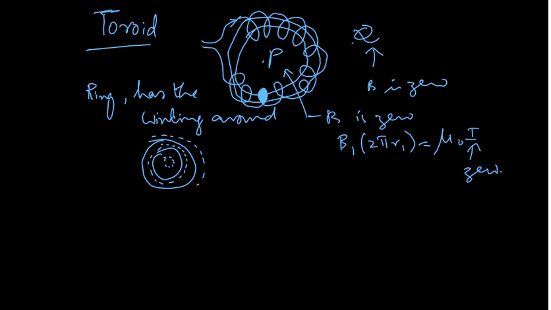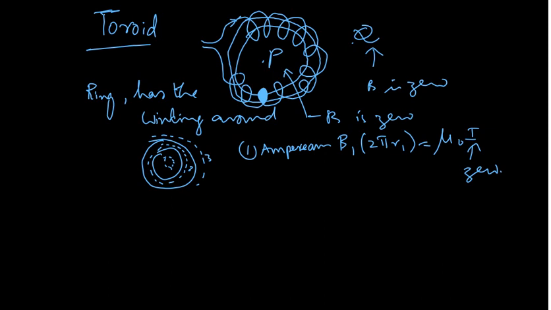This is the third one, this is the second one, this is the first one. He applied it for the first ampere loop. There is no current because of empty space, that's why it became 0. Clear, right?